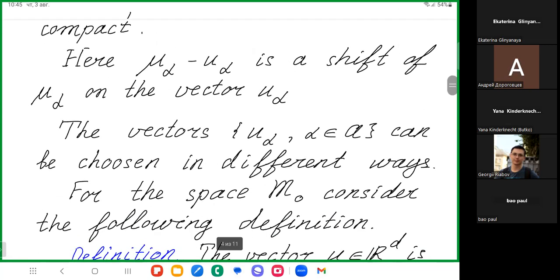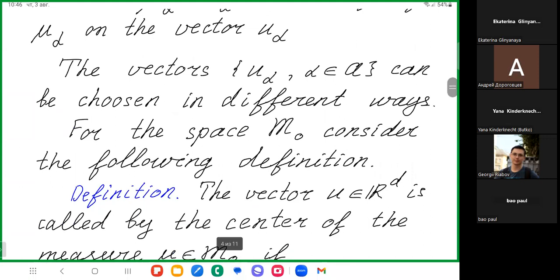So, as I said, the vectors u alpha can be chosen in different ways. Maybe we have to invent some canonical points for mu. And it is true. For example, for the space M0, consider the following definition.